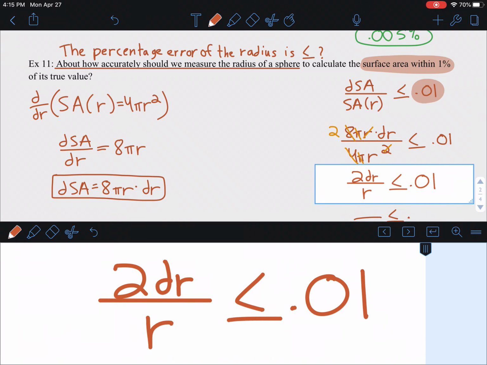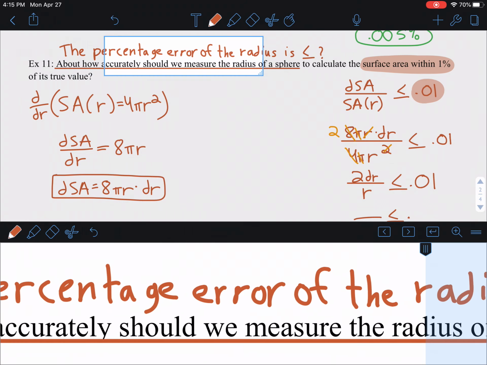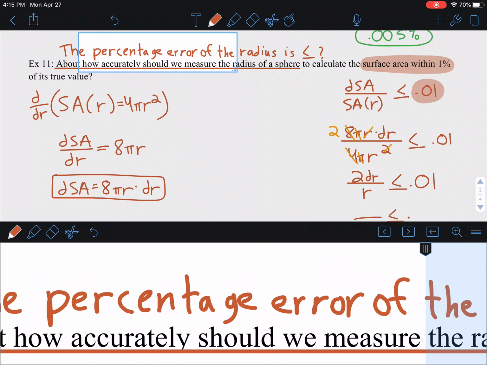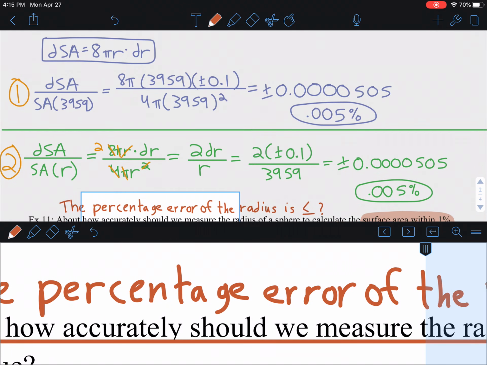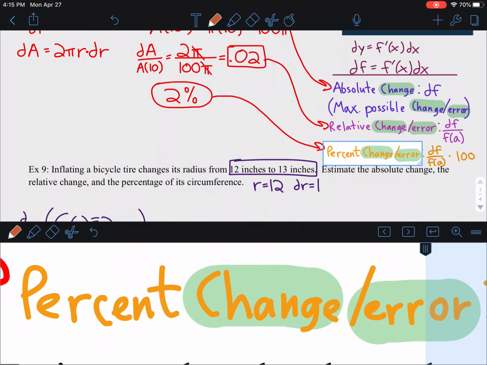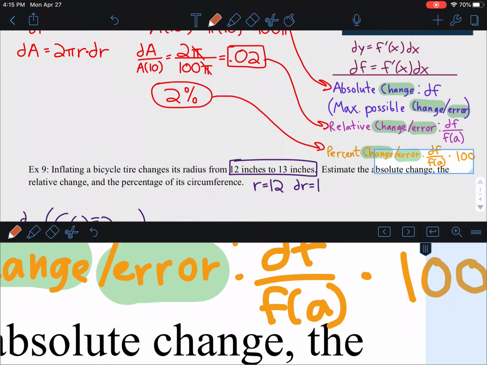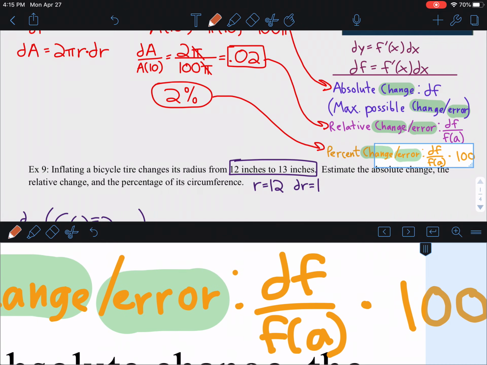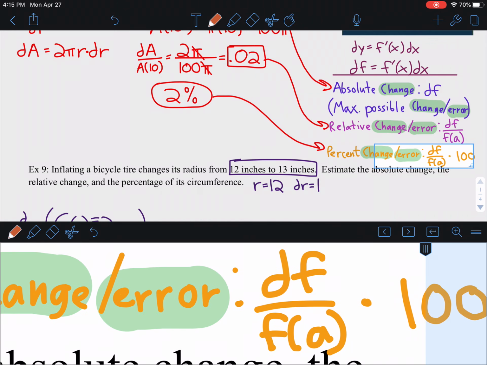Okay, and now what am I trying to find here? I want to know what is the percentage error of the radius. Well, how do we calculate percent error? If we go back up, percent error is the differential over the initial value, right? Now, I have this written here for f, meaning the output of the function, right?